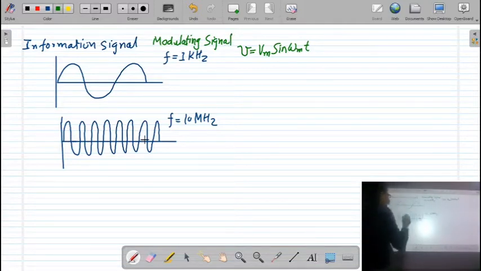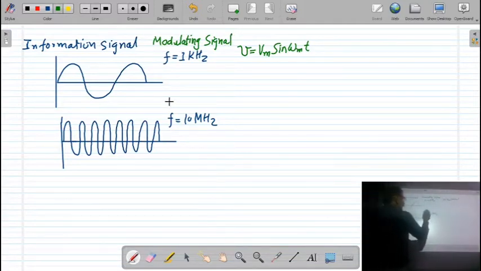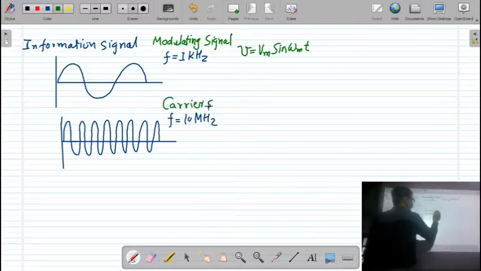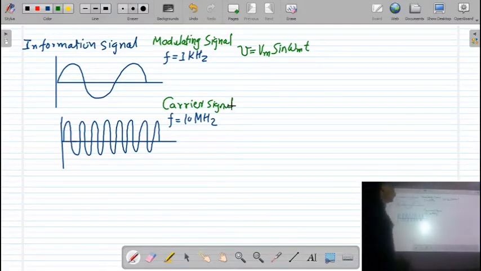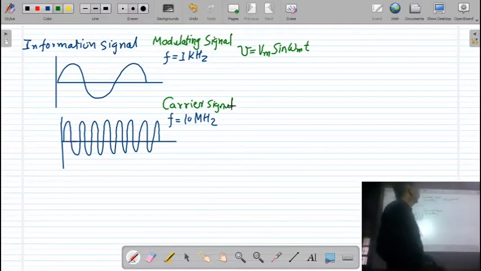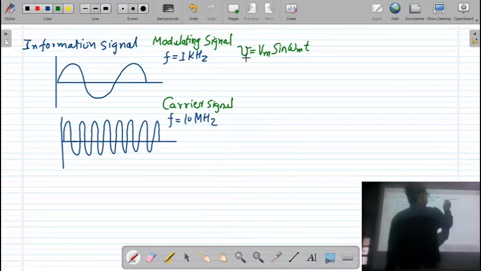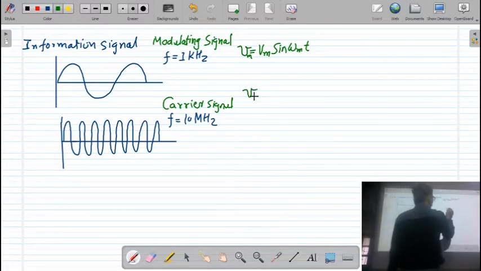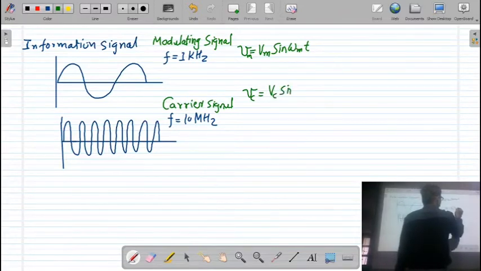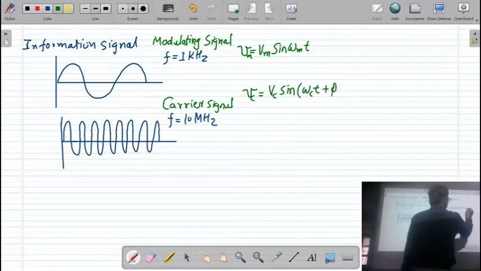And the high frequency is called the carrier signal. So the information signal we can write as Vm sin(omega_m t), and the carrier signal we can write as Vc = Vc sin(omega_c t + phi).